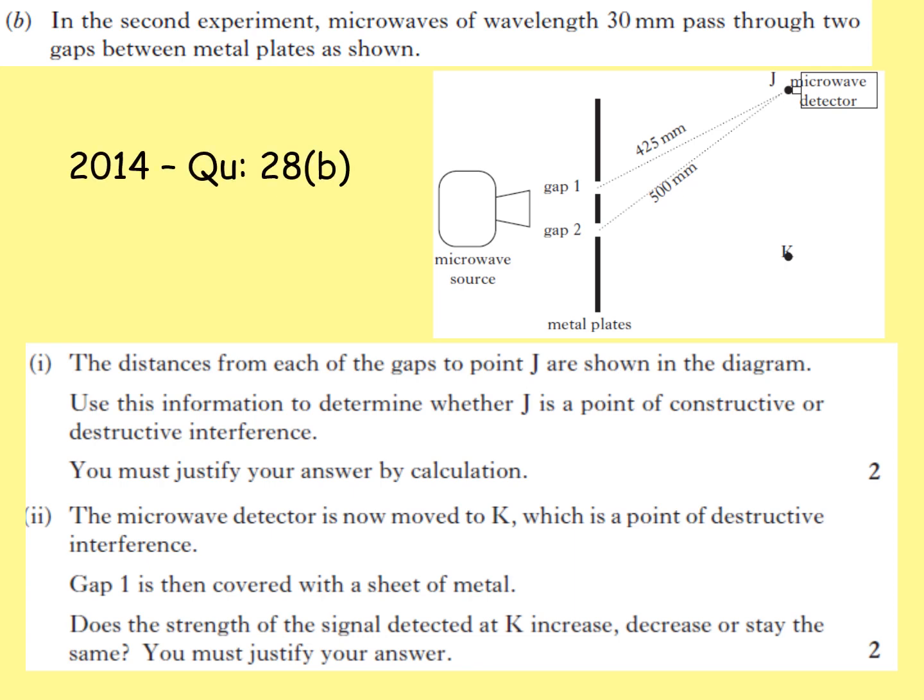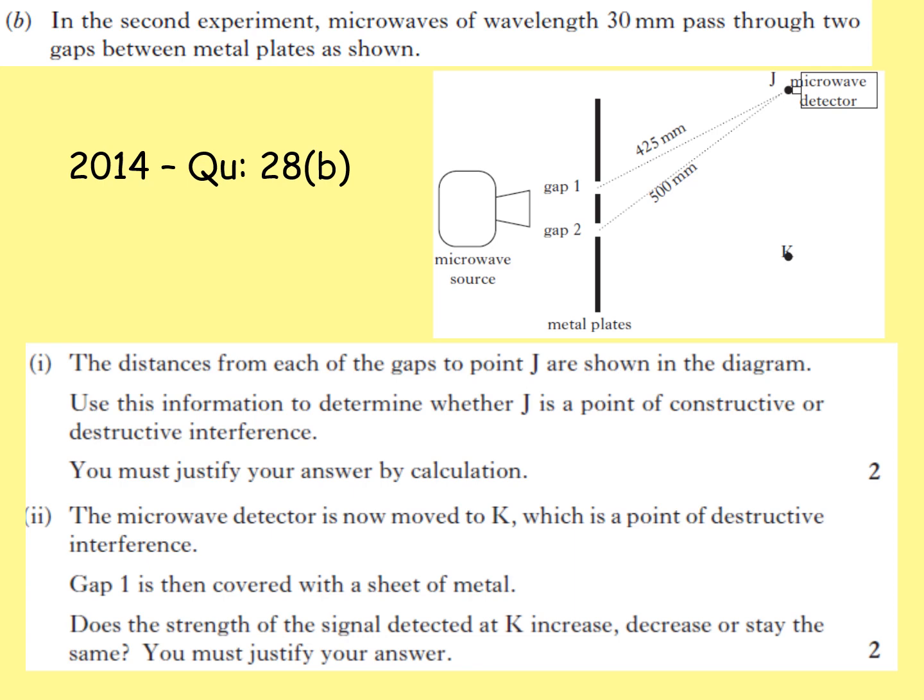'14 paper, question 28b. In the second experiment, microwaves of wavelengths 30 millimeters pass through two gaps between metal plates as shown. The distance from each of the gaps to point J are shown in the diagram. Use this information to determine whether J is a point of constructive or destructive interference.